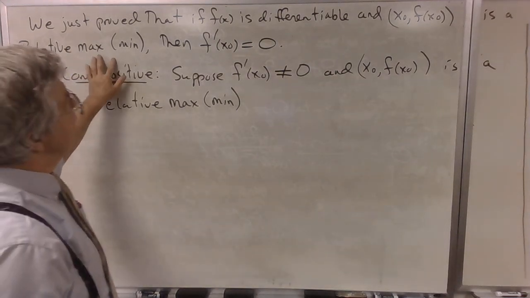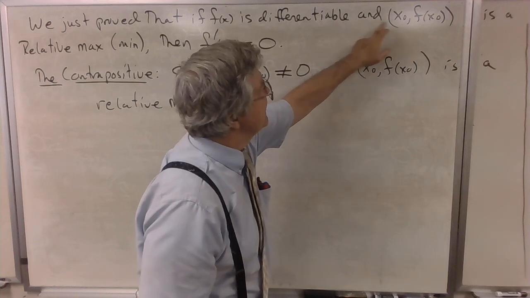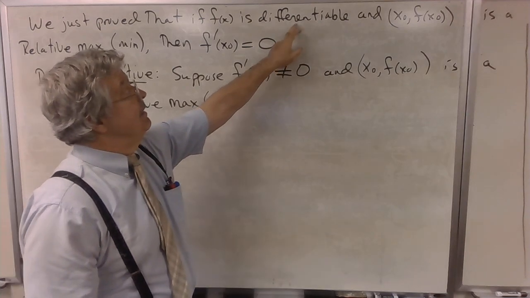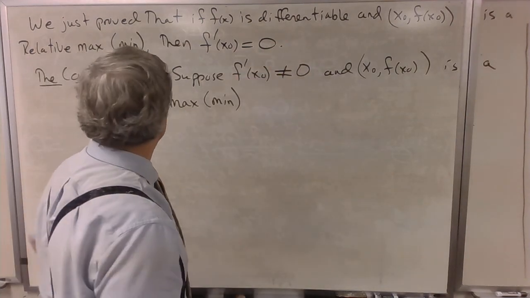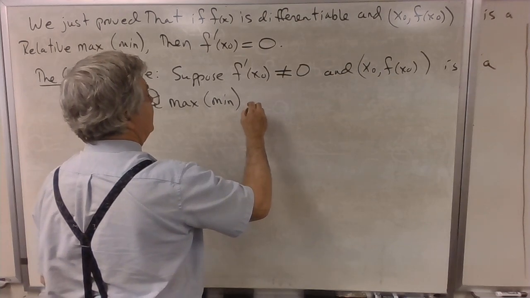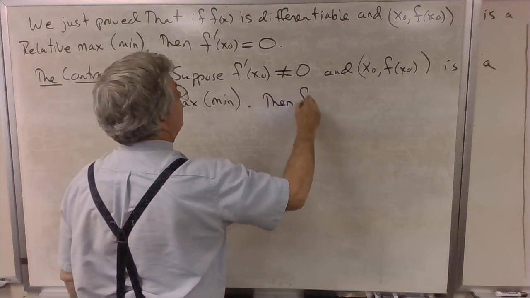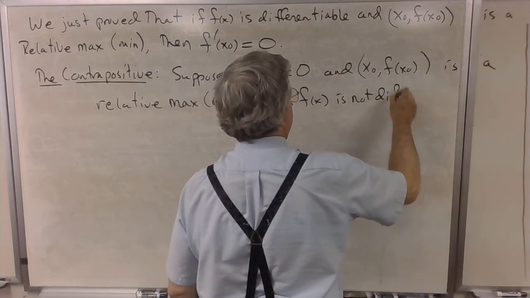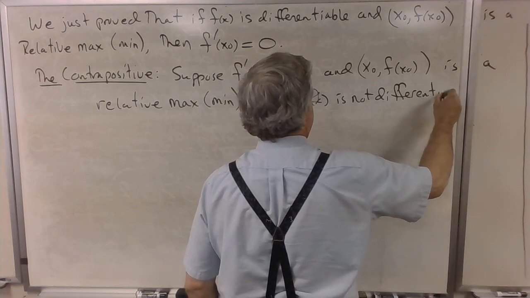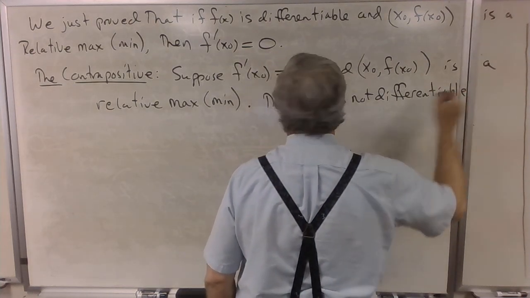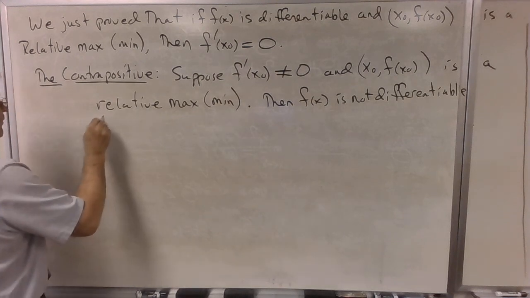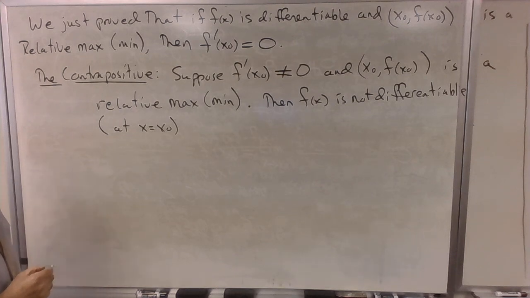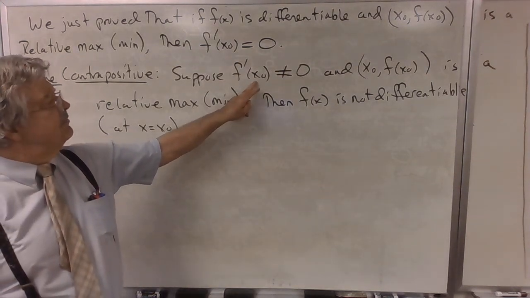So the way to negate that is to make sure this isn't true. So I guess that explains why the derivative wasn't zero.